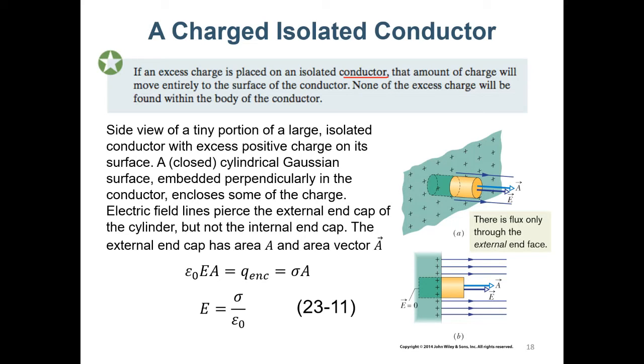Because if you use Gauss's law, you know that there would be some electric field inside. If there is an electric field inside, there will be a force acting on the charges, and they will move away. So in a static state, they go to the outside, to the surface.